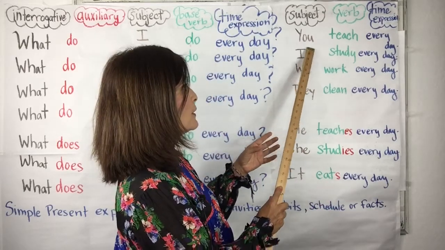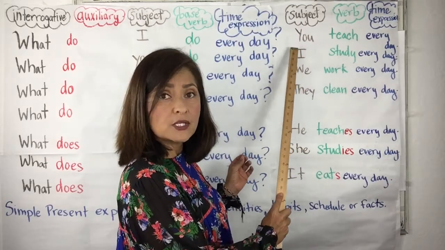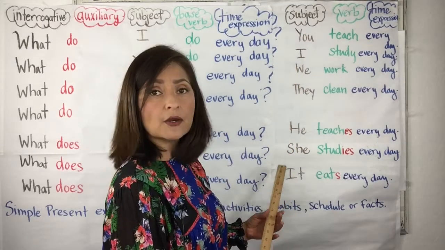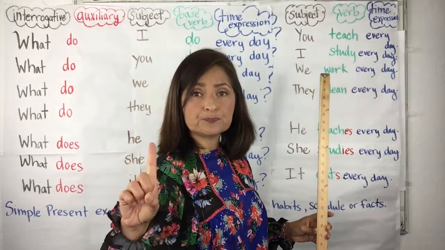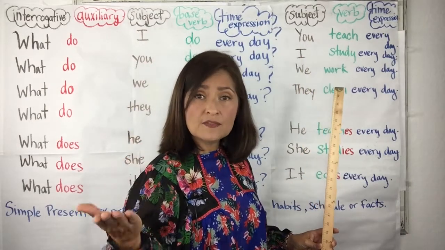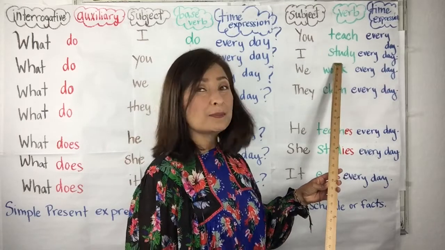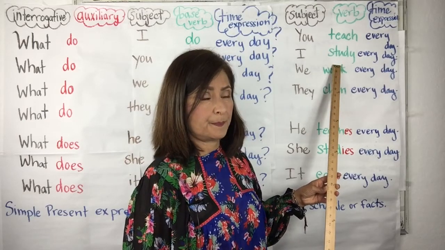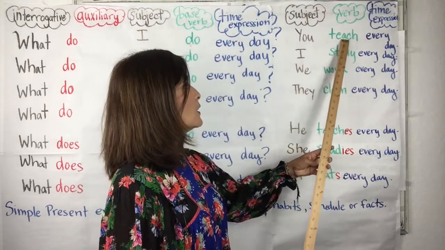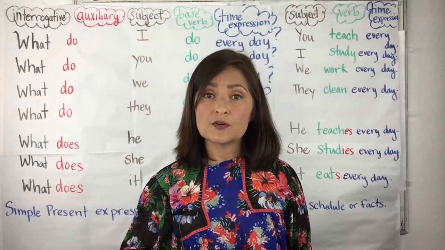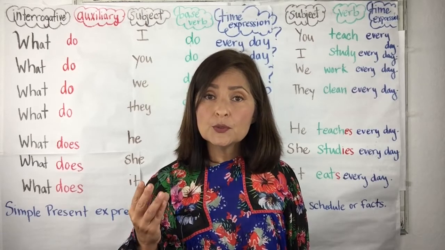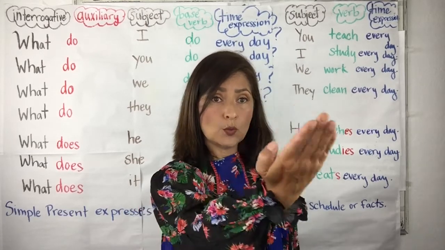Up here, remember that even though I is singular, we are not going to put it here. It is an exception. Here I is singular, and even though it's singular, we use it with the plural form. And of course, you here, we use the plural form of the verb with the subject pronoun you, even though you can be one person.